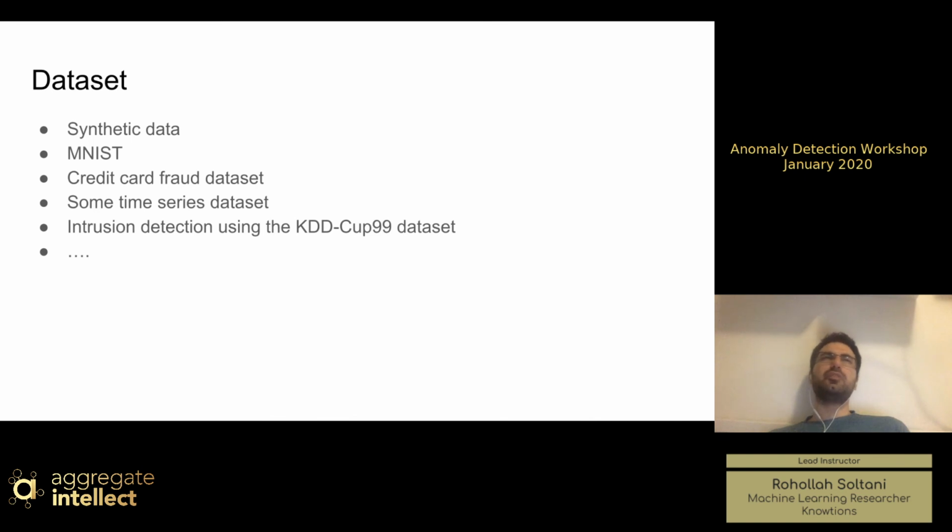We'll use MNIST or some other image data, and we can even have ImageNet as well. Then we can have one or a few of the classes as anomaly, remove them from the training data, and train a model on the remaining classes. Then we'll see if the model is able to detect those classes that we put aside as anomalies or not.